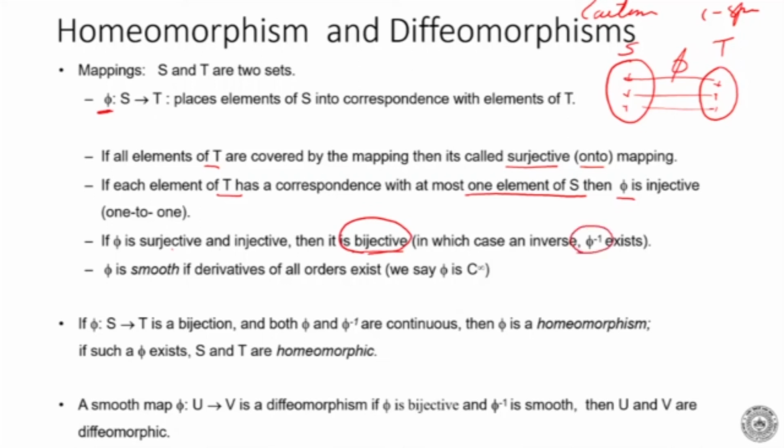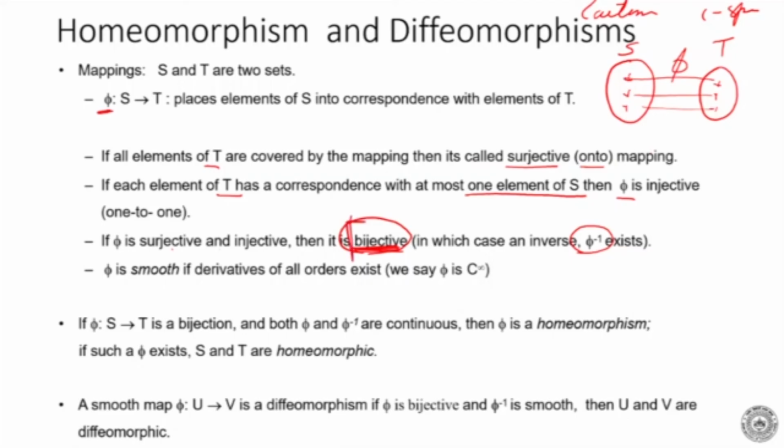So we talked about going from one space to another space and then coming back. If you find the path in configuration space, you need to come back to the Cartesian space, otherwise it is of no use, which means the inverse has to exist. The inverse will exist if this mapping phi is bijective. That means it is surjective, all the elements are covered, and there is a 1:1 correspondence.